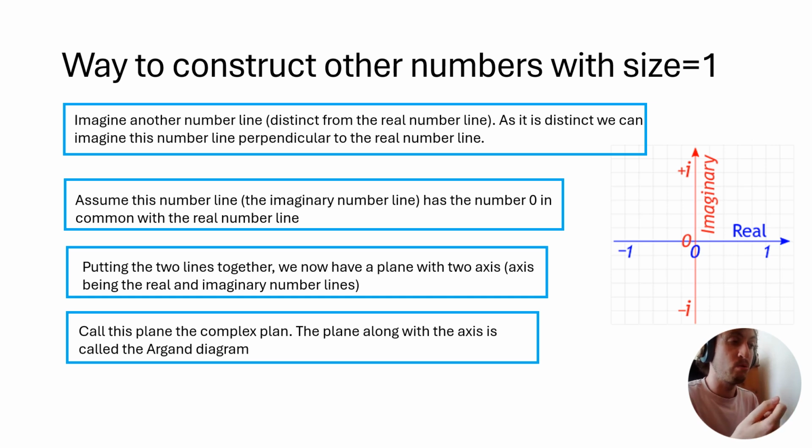For example, if I step 1 step to the right, I get the number 1. If I step 1 step upwards from 0, I get the imaginary number plus i. If I step 1 step to the left from 0, I get minus 1, and if I step 1 step down from 0, I get minus i. So there's at least 4 numbers now with the size of 1.